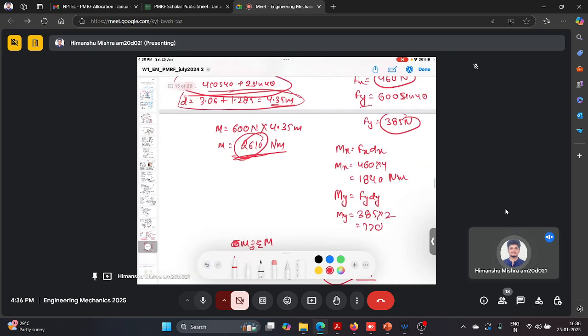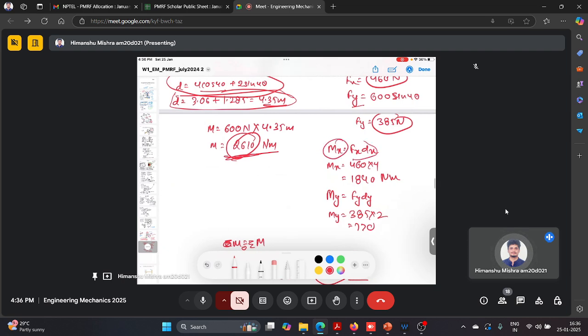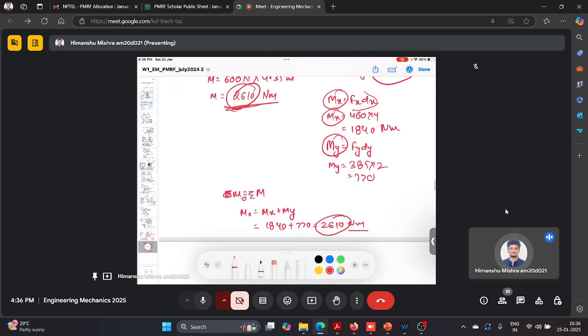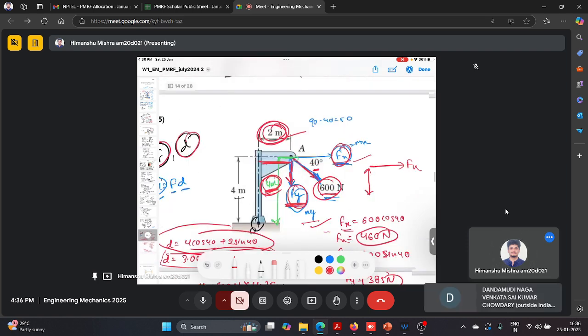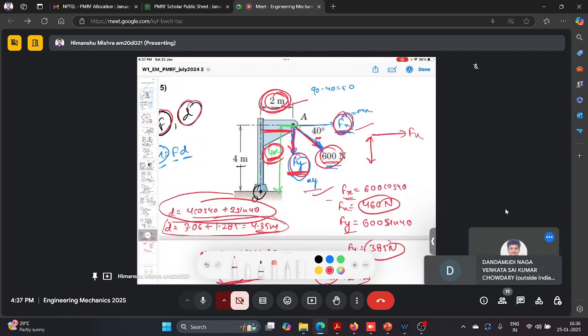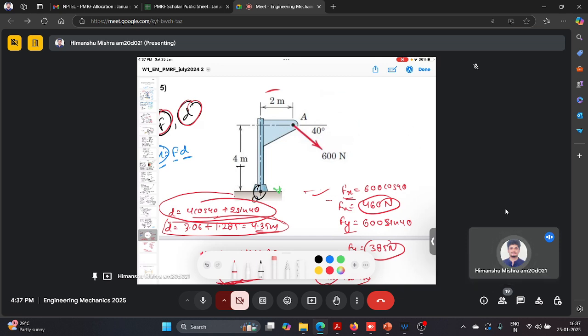Once we got Fx and Fy, we calculated the moment due to Fx and the moment due to Fy, and using Varignon's theorem, we arrived at the same result. Now there is one more method you can use to calculate the moment. In all of these methods, we are using the fact that you need non-zero perpendicular distance.